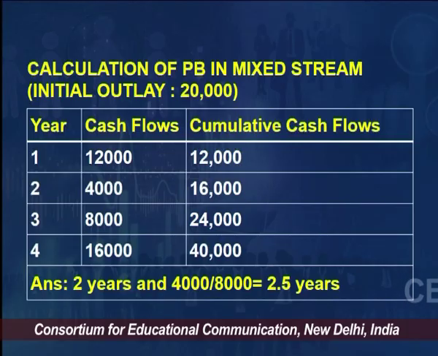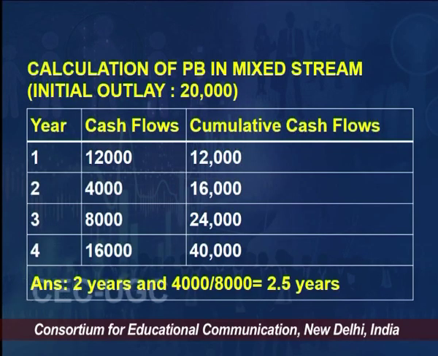How we calculate the part of the next year is important, because people commit mistakes here. I have recovered 16,000 after 2 years, and the remaining amount is 4,000 to be recovered in the third year, and my total inflow in the third year is 8,000. It means 4,000 divided by 8,000, so 0.5 becomes my decimal to be added to 2 years. So 2.5 years would be my answer.